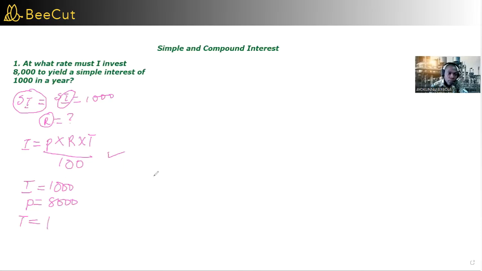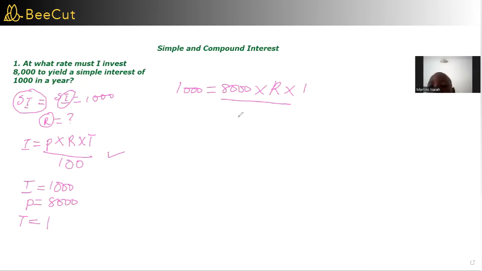So now, if we slot in those values, we have 1,000 equal to principal, which is 8,000, times rate that you are looking for, R, times time, which is 1 year, all over 100.